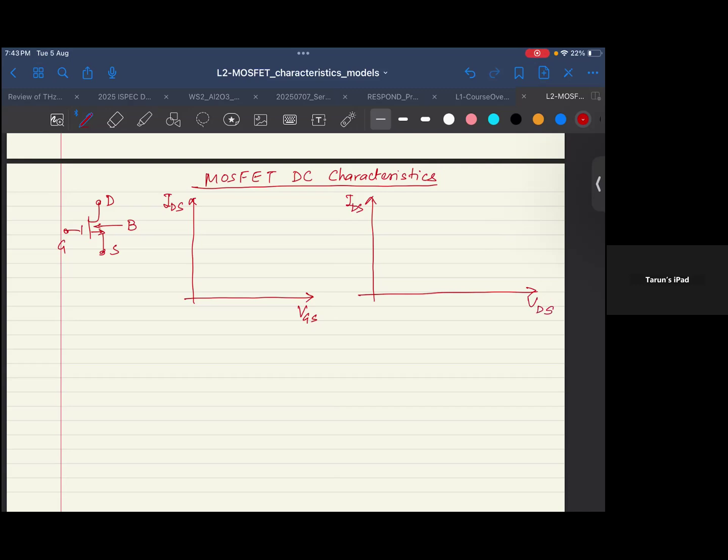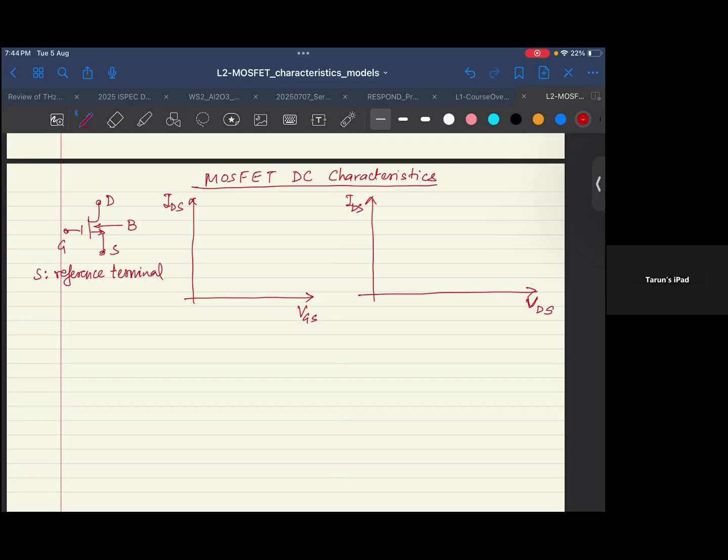So S, which you see as a common terminal, is the reference terminal in this, right? That means when you are applying a battery or a voltage, it's applied between gate and source, and between drain and source.